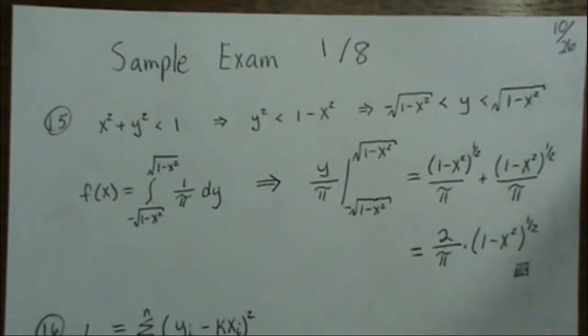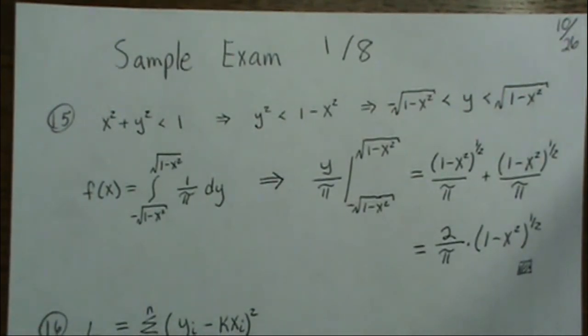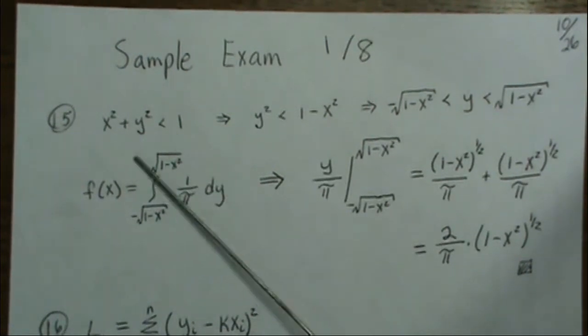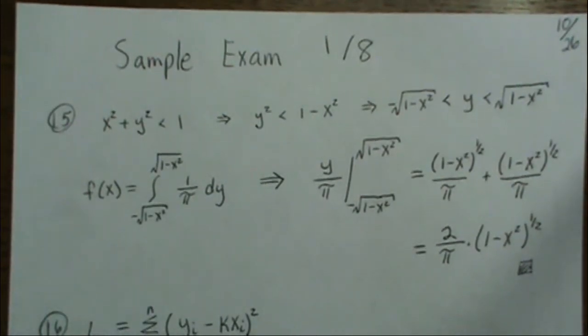So sample exam 1 of 8, problem 15, we're given a bivariate density of 1 over pi over a circle region. And we're asked to find the marginal distribution of f of x.